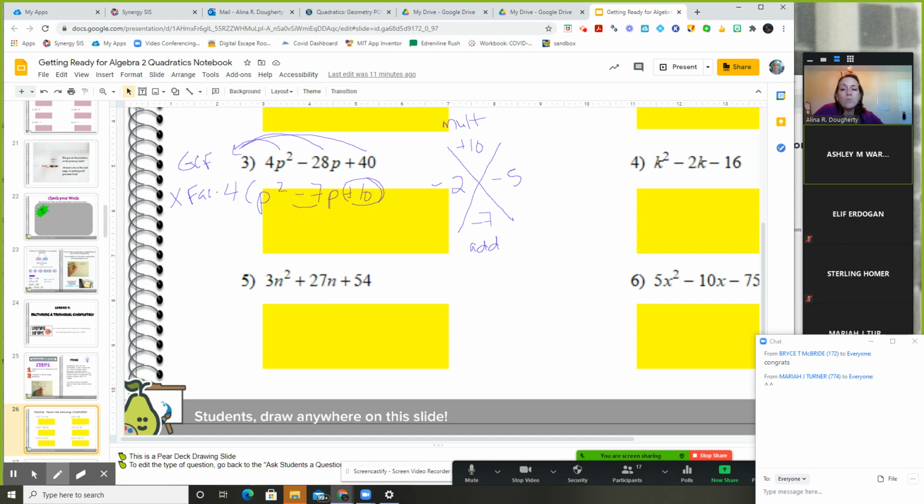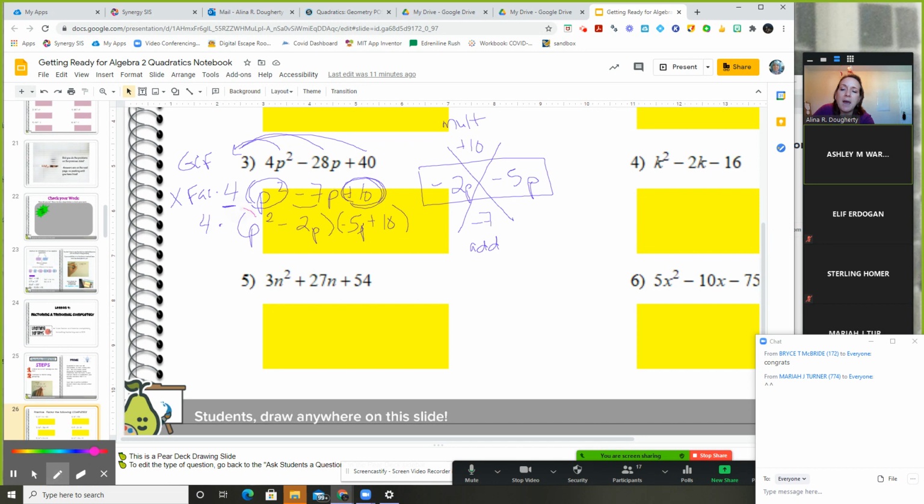Okay. Then we put everything back together. So I still have to have that 4 on the outside. It's being multiplied. And then I know I'm going to end up with 2 sets of parentheses. My first number goes first, and my last number goes last. And then the middle stuff goes in the middle. And then you've got to find your greatest common factors.